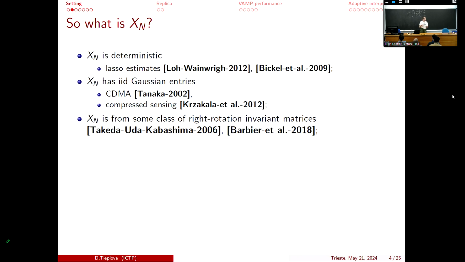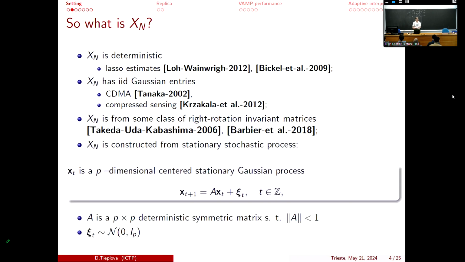So one of the easiest ways to model such a situation is to take these vectors x_i to be a stochastic process. That is, the process obtained through this equation.